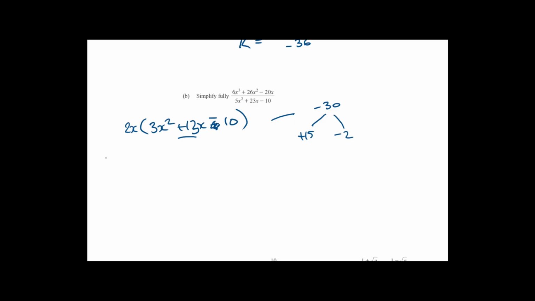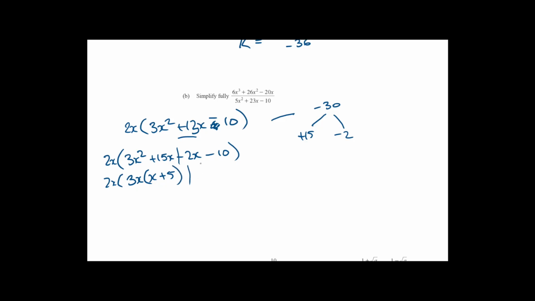So I'm going to take the 2x out the front. And I'm going to say 3x squared plus 15x minus 2x minus 10. So the 2x stays there. And I'm going to factorize the first two: 3x times x plus 5.